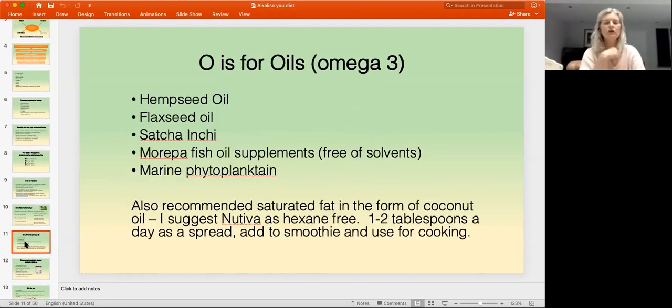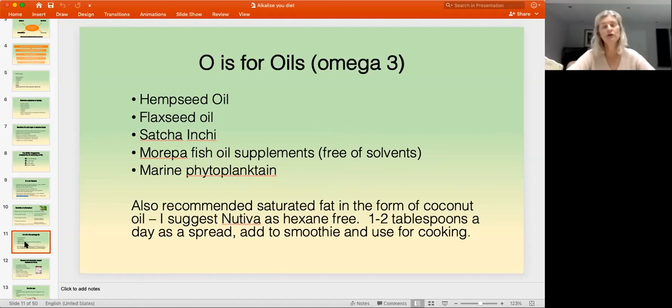Oh, and sorry, coconut oil, which I generally try and buy a brand that's hexane free, and you can use it as a spread, or I use it as butter, to be honest, because I don't have any cow's milk products. So I use coconut oil as a spread, just a thin spread on a buckwheat cracker, and you add it to smoothies, and I cook with it.